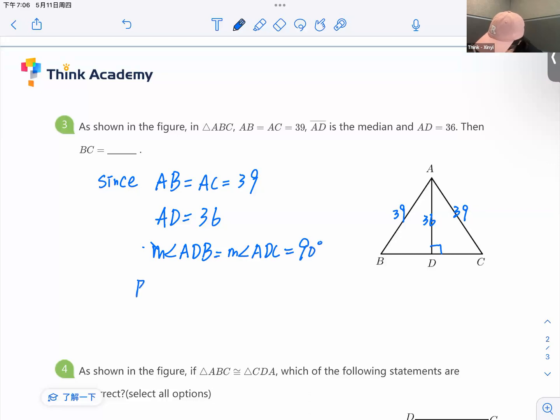So we can have BD equals CD, and this is a right triangle, so it equals 30.